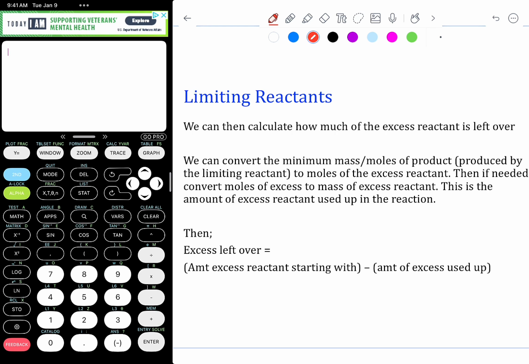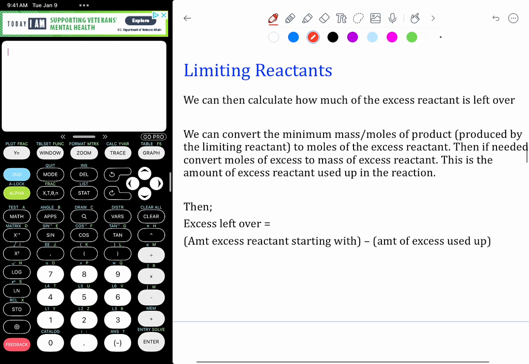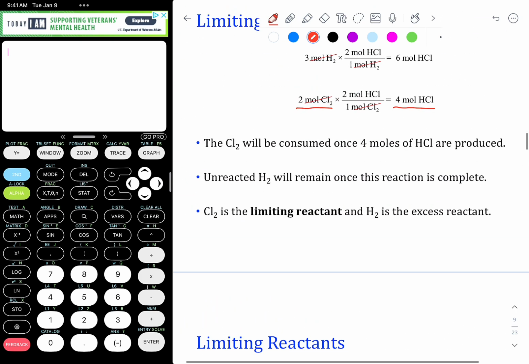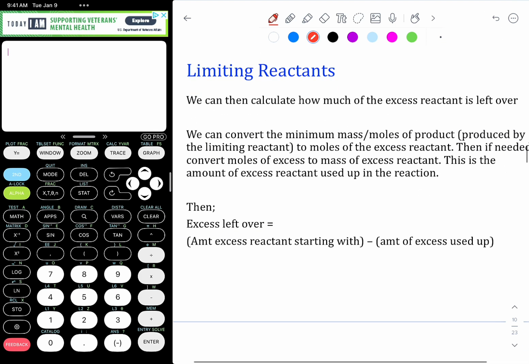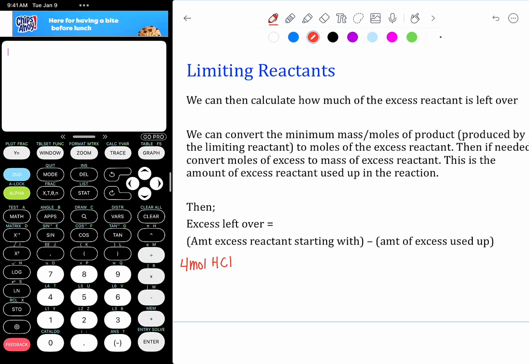So let's do that for our example of hydrogen and chlorine. So we said that the maximum amount of HCl that we can produce is 4 moles. So we start with 4 moles of HCl. And what we want to do is now convert that value back to our excess reactant.